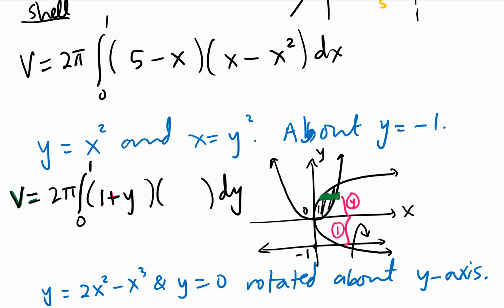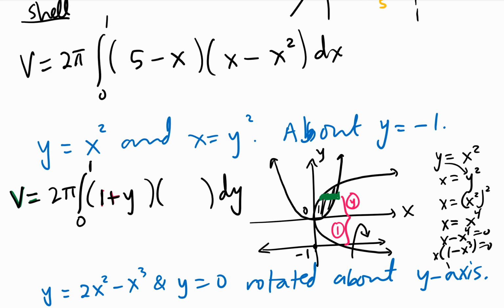If you set y equals x squared and x equals y squared equal to each other, substitute the y in. Factor x out. You get x equals 0 or 1. For the length of the rectangle, how am I going to find that?